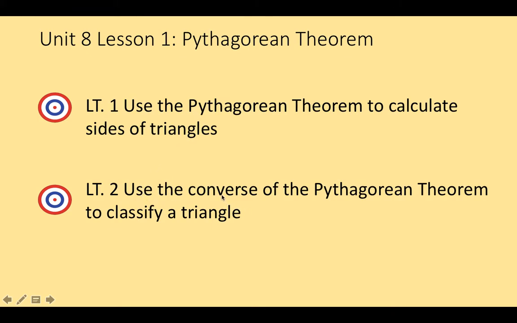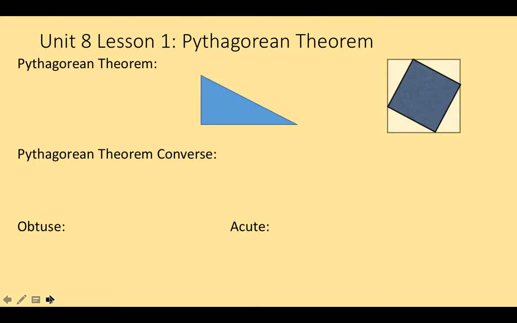And then if it's not a right triangle, we'll use the Pythagorean theorem converse to be able to tell whether it's obtuse or acute. All right, so here we go, the Pythagorean theorem.